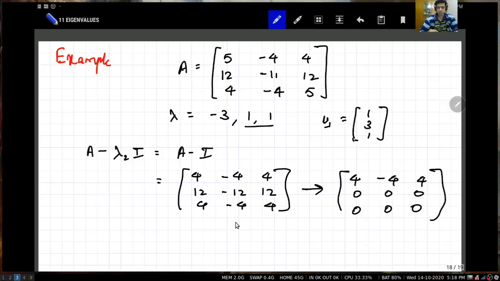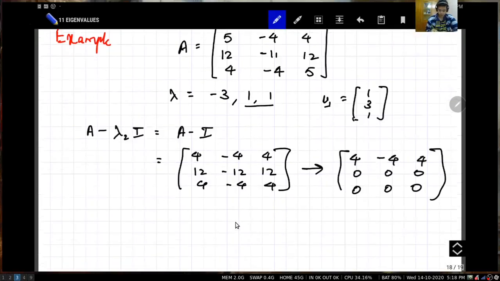Now we want to find the eigenvectors, or a basis for the eigenspace W2. To find the basis, we just need to find the set of all solutions of A minus I times x equal to 0. You already have the matrix in the row reduced form.